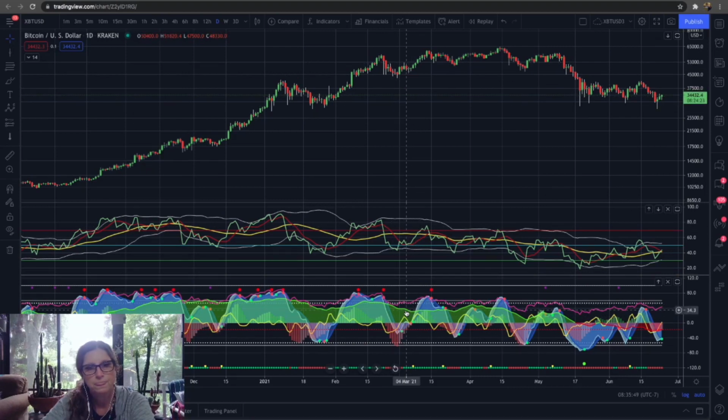Now, it's going to show you divergence also. Let me see if I can find one here quickly. Well, I'm not finding one very quickly here, but it does show you divergence. And probably if I went down to the 4-hour, it would. Okay, so that is the yellow line, the VWAP. So when it crosses 0 to the upside, green candles. When it crosses 0 to the downside, you're going to get red candles.